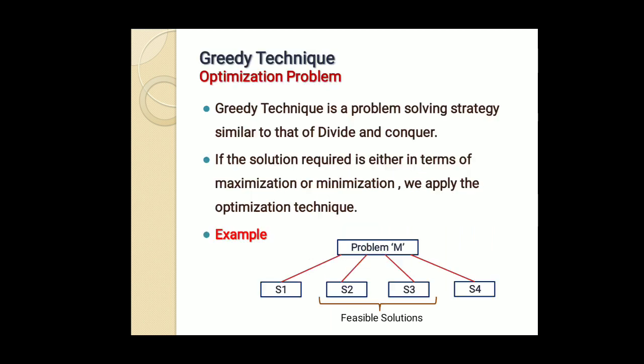So optimization problems need a particular approach to solve them, and this approach is nothing but a greedy approach or a greedy technique. So this approach of solving your optimization problems is termed as greedy technique.